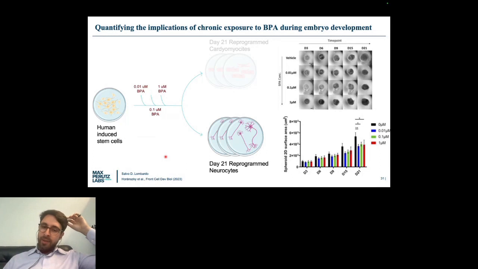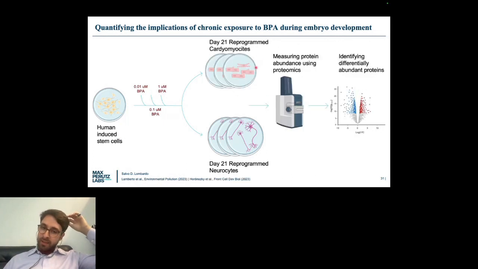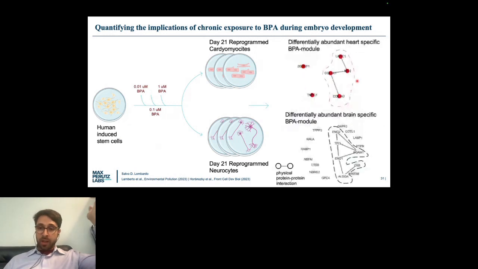And for that, we ran a proteomic analysis on these cell lines, and we identified some differentially abundant proteins. We used those proteins to map them in the protein-protein interaction network, and we identified a core of specific proteins that were perturbed by bisphenol A in this protein-protein interaction network.